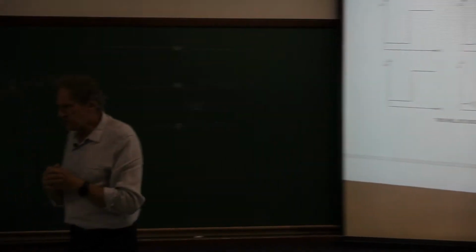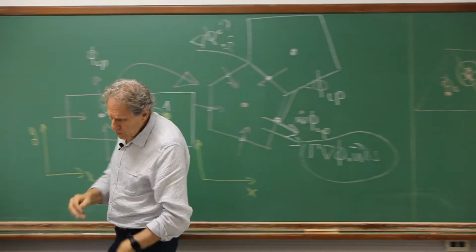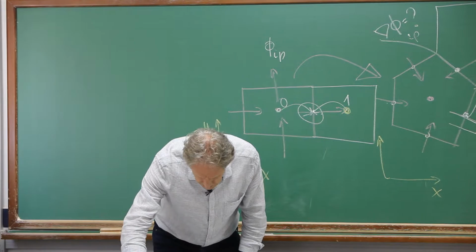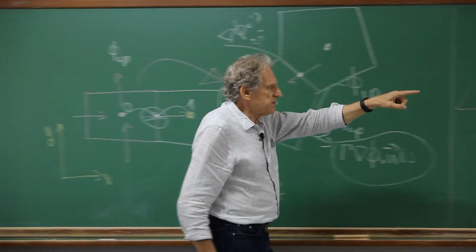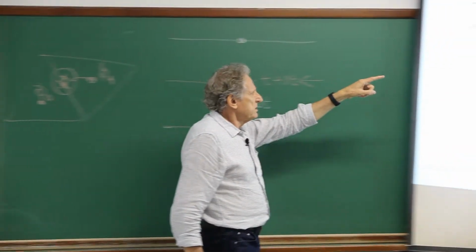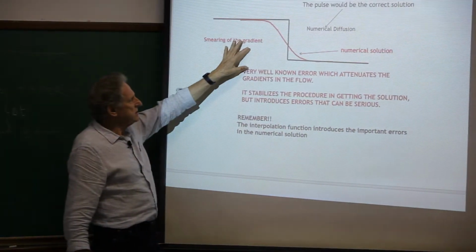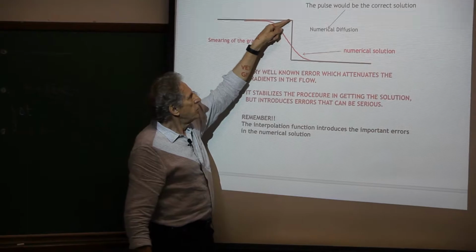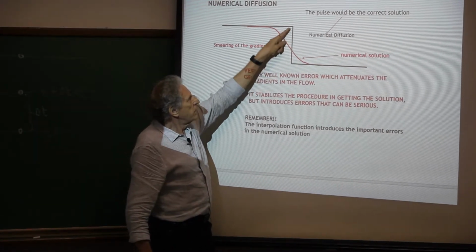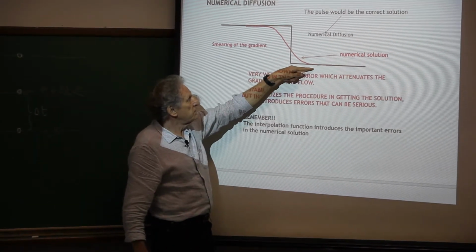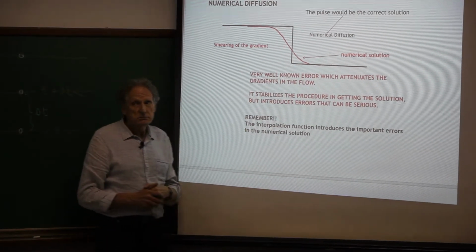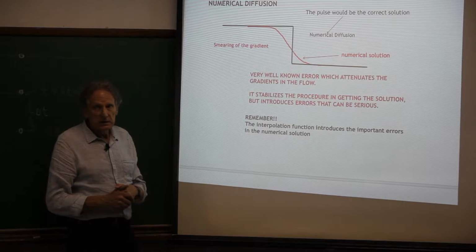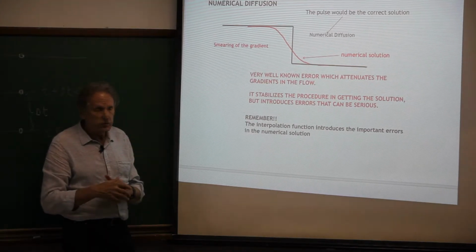And we will be discussing this a little bit more. This is the same plot. Smearing of the gradient. This would be the numerical. You would like this to be the solution, and the numerical solution is the red one, different from what you would expect to have.